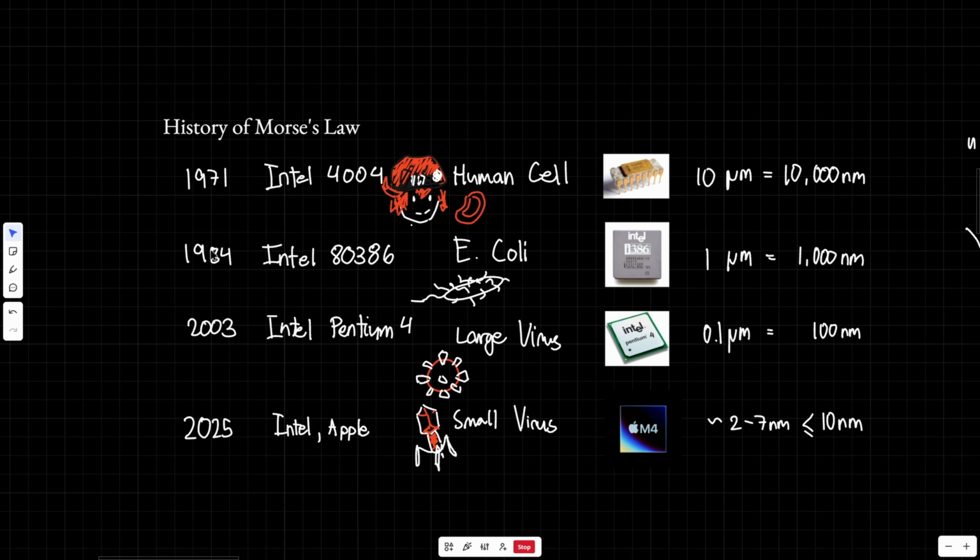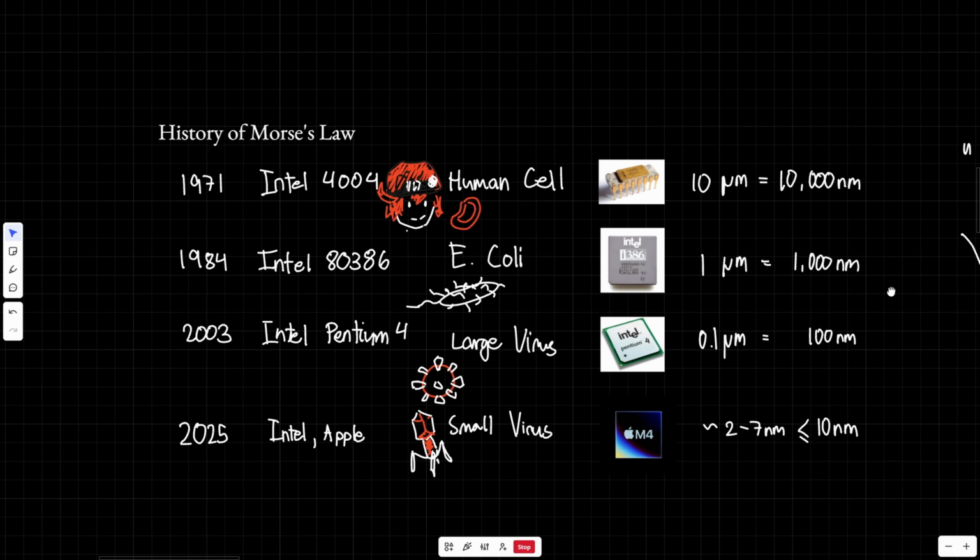Now, let's go to the next generation. In 1984, this was the advent of the Intel 80386, and it was the size of a small bacterium like E. coli, around that range. It has a feature size, or technology node, of 1 micrometer, or 1000 nanometers.